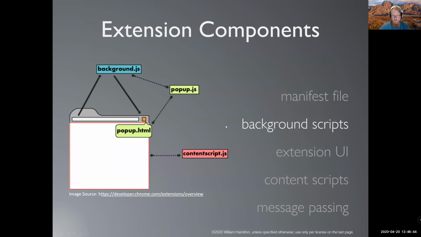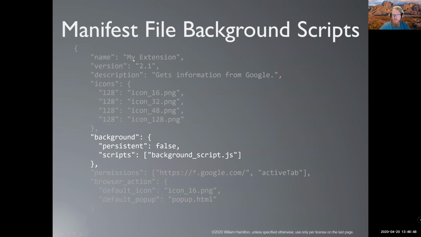Okay, so background scripts. Background scripts get specified in the manifest file here. You just have a property background. There are some options you can pick here about whether or not it's persistent or that kind of thing. And then you can specify which JavaScript files in your extension get loaded as the background script.